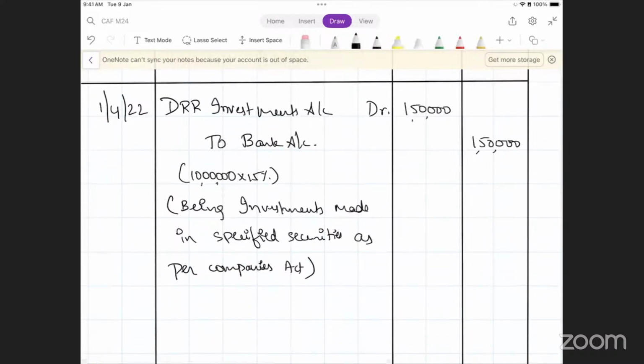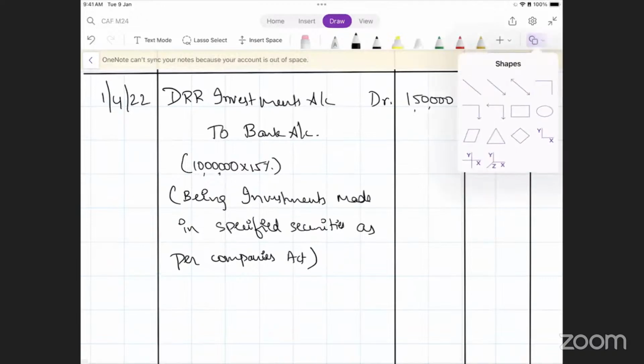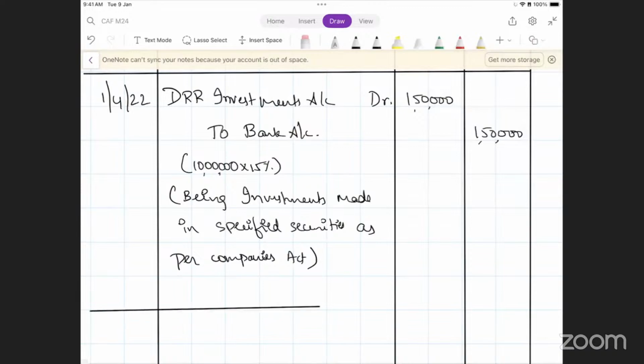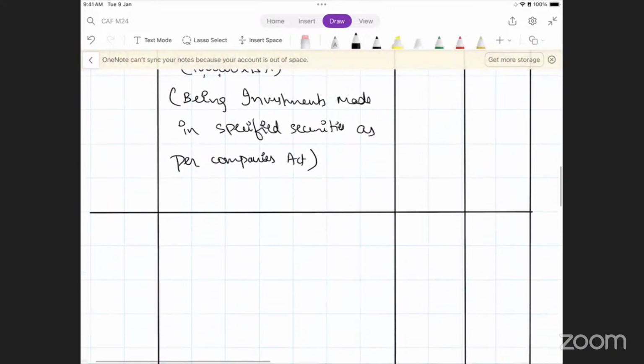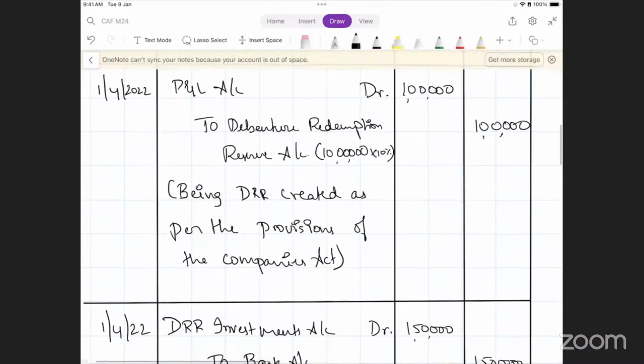As per Companies Act. Done. So three entries for issue. At the time of issue, I told you we have to pass three entries.